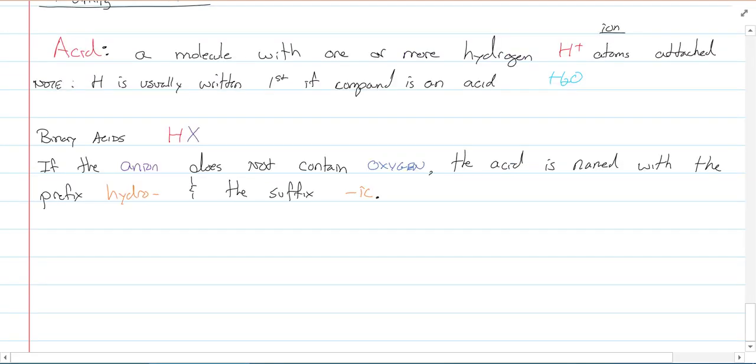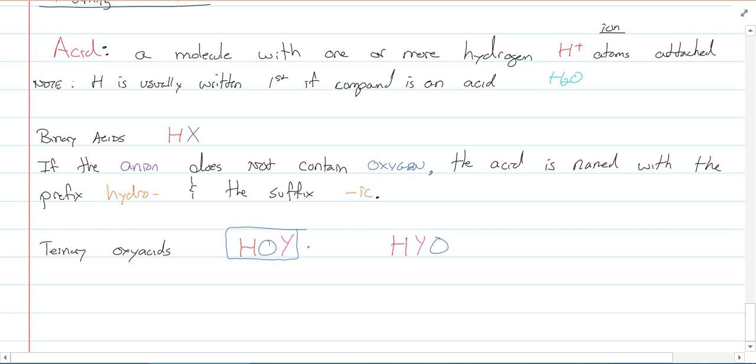The next class of acid would be ternary oxy acids. These have polyatomic ions. So you have H, and I'm going to put the O next to it because H is always bonded to O, and we're going to do Y here. Even though a lot of times you'll see them written as H, Y, O, they are bonded this way, H to O to Y. Y would be what we call the central atom.